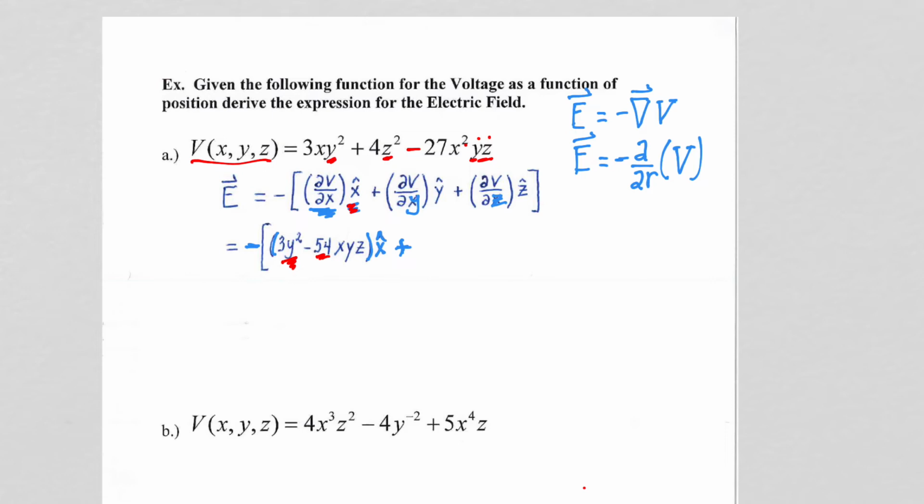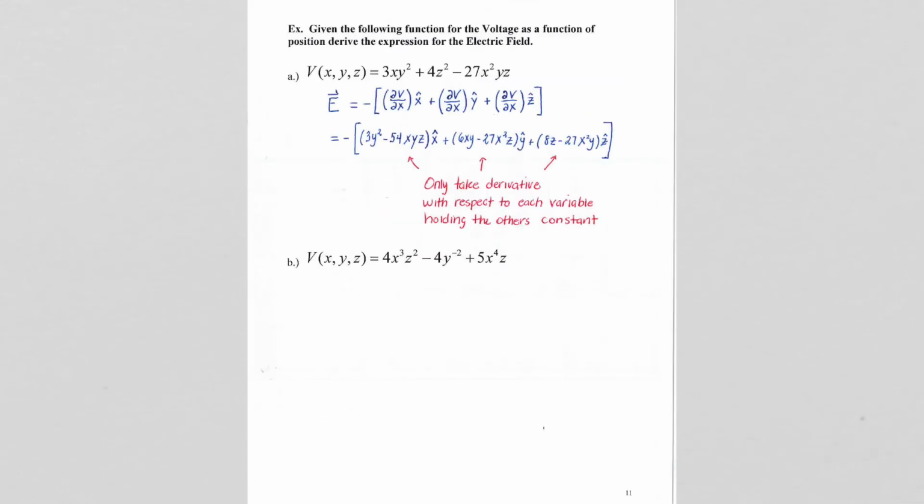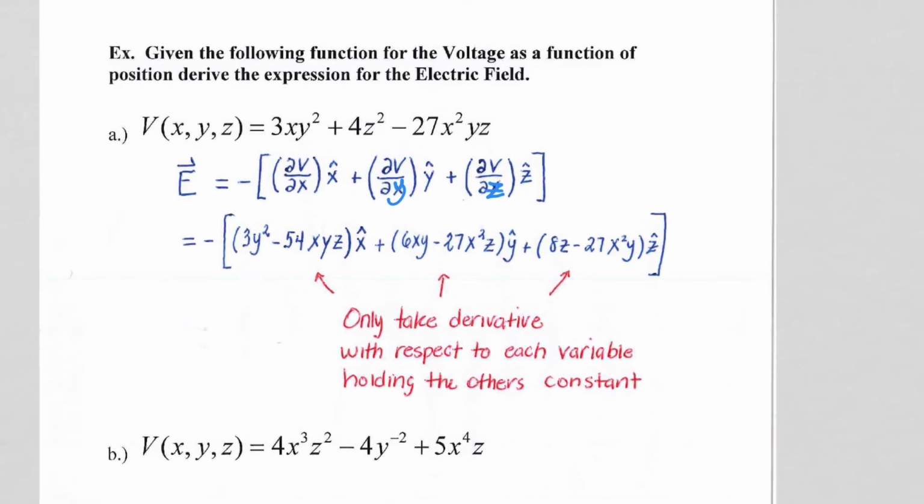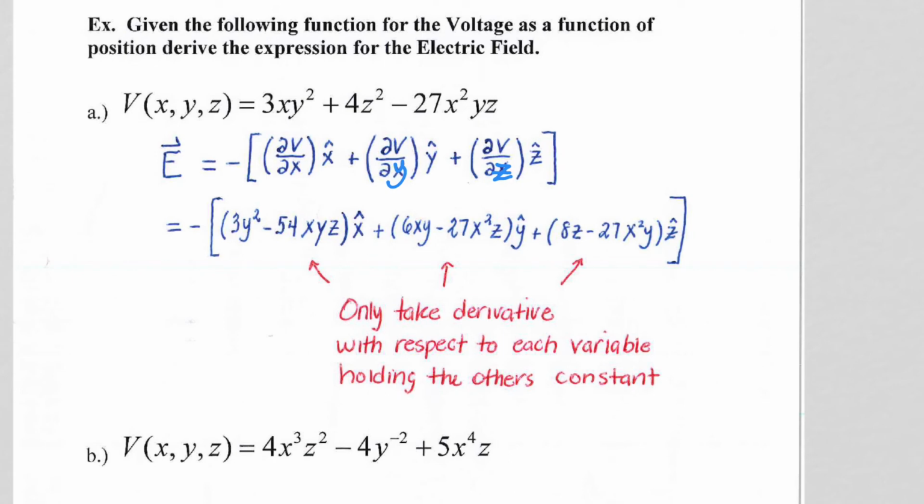Okay, hopefully you have given it an attempt, and let's see if we get the same answers. So again, let me make those changes quickly here, that this is a y and this is a z. But the derivative of the voltage with respect to y, now in this case, x and z become constants.